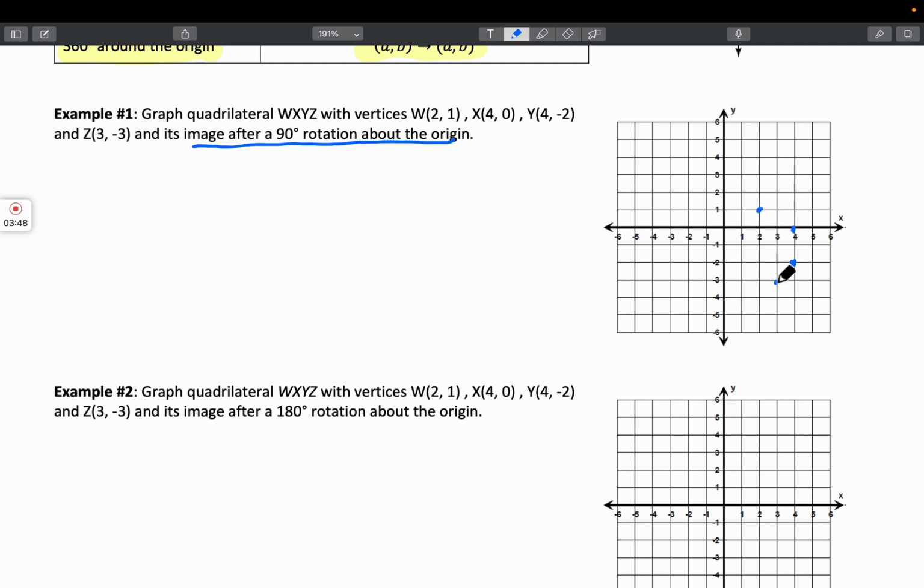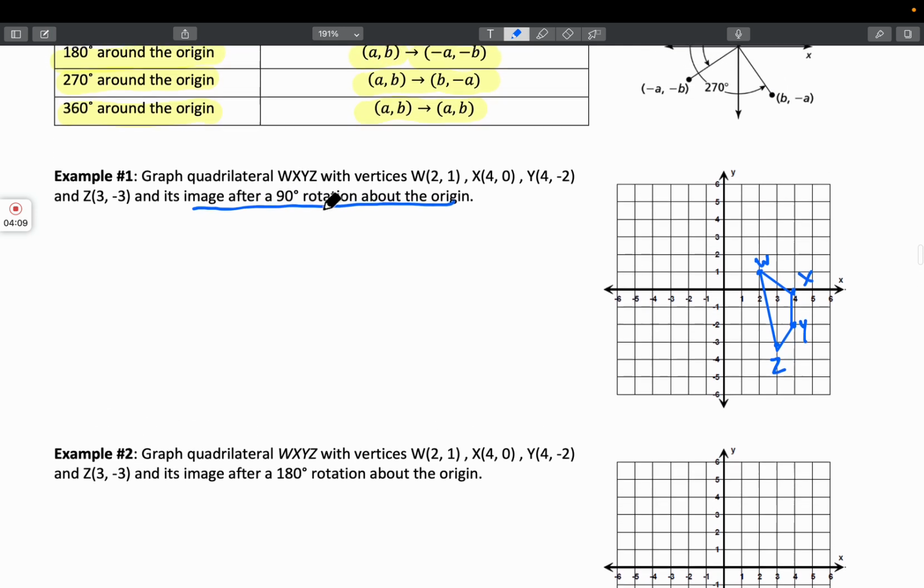So here we go. Here is our figure. It looks something like this. All right, there's W, here is X, here is Y, and here is Z. We're going to find the image after a 90 degree rotation.